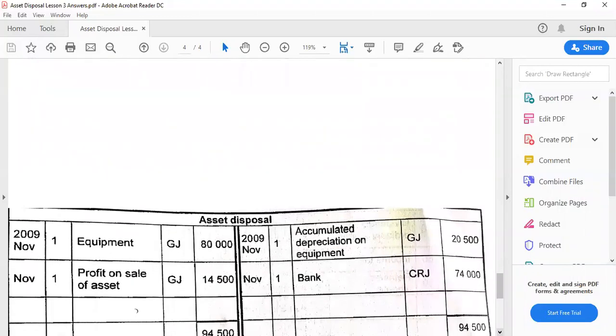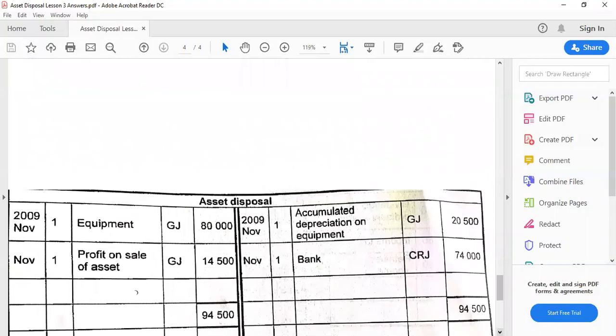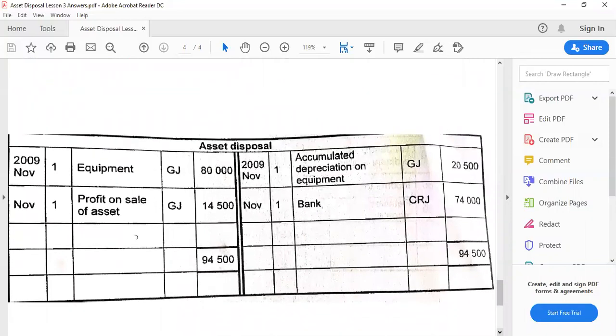Okay, so this is how it looks. Remember we've been seeing DCASP. I'm going to show you what each one is. If you look here on the debit side, you've got equipment for 80,000 Rand. This is the cost price of the equipment.